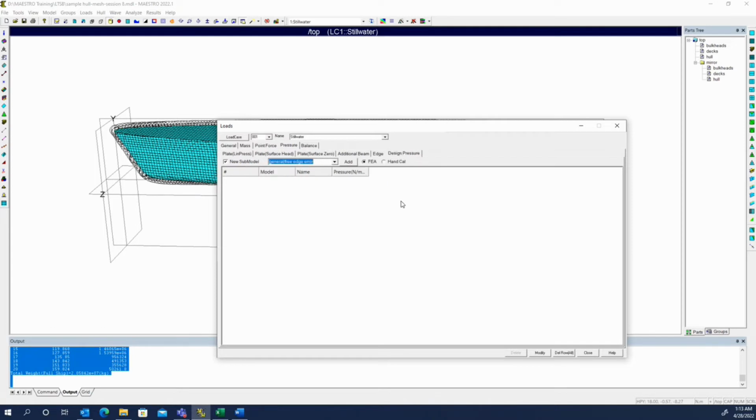But the one you may use is design pressure. What design pressure will do is when you load your model and you've got all of the normal loads from the tanks, trochoidal wave or whatever else, or specified bending moment, you're evaluating the hull girder structure.